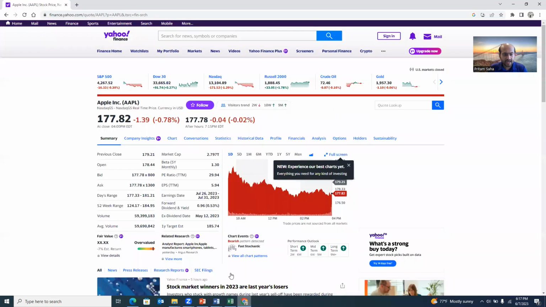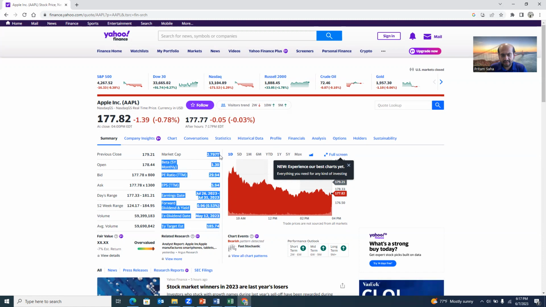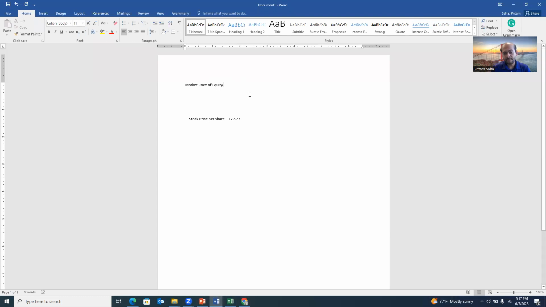Now, if we look at their number of shares, we can find it or not. Okay, so their market cap is 2.797 trillion, right? So basically, market cap is a function of stock price per share times number of shares. We know that stock price per share is 177.77.